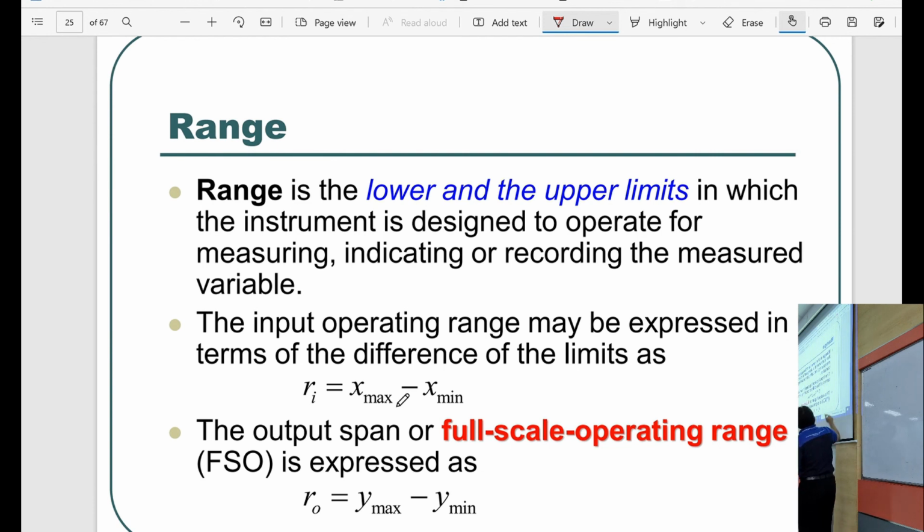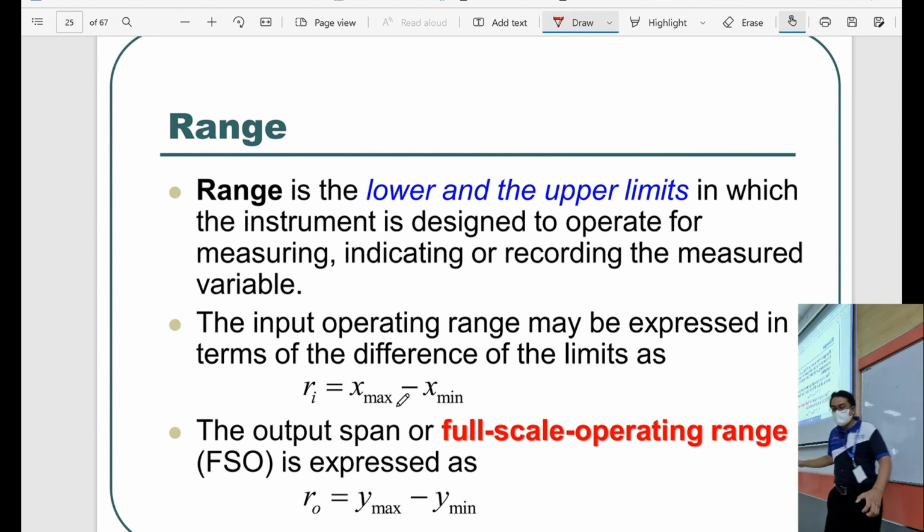If I say find the error based on full scale operating range, or FSO, you have to make sure that you find the range on the y. If I say in terms of input range, FSI, then you use the range on the x.